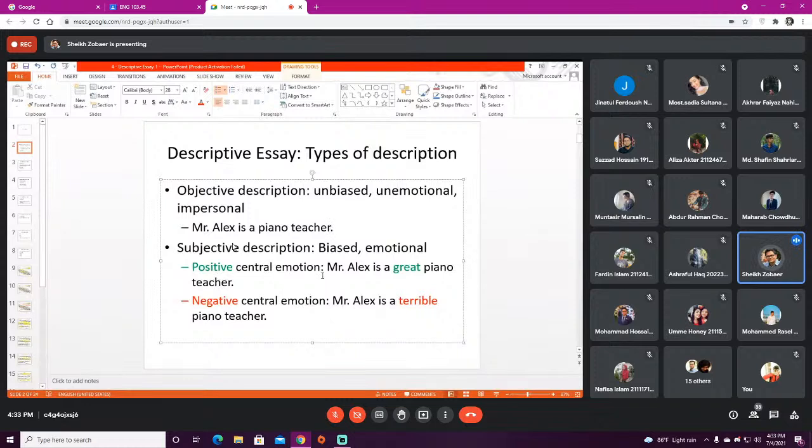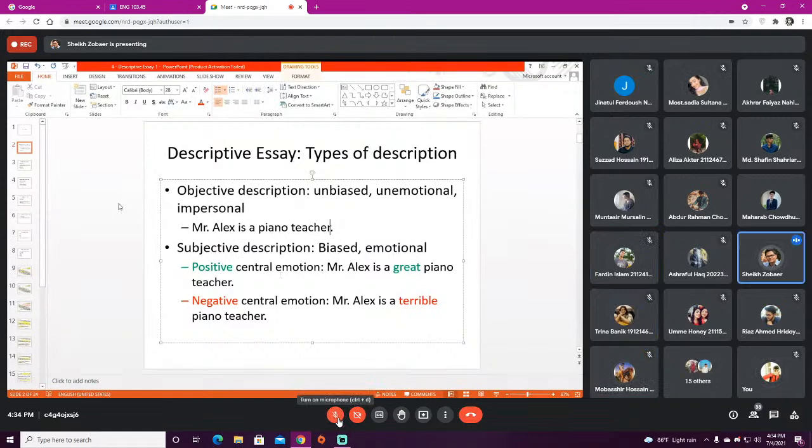If your emotion is somewhere in between positive and negative, or if you are neutral, in that case, you will say he is neither a great teacher nor a terrible teacher. All right. So whatever your emotion or your position is, you will express that through your description. So this is where objective and subjective description differ. All right, this is where they differ from each other. Okay, I hope it is clear. Yes, sir.